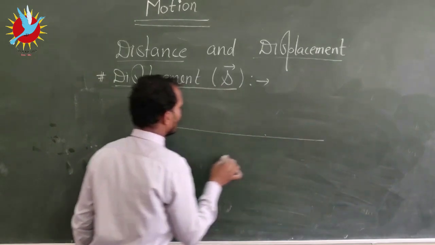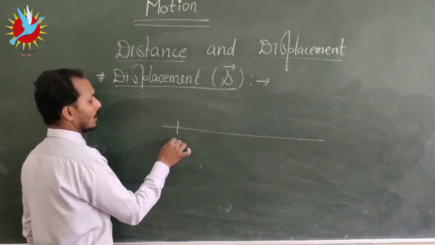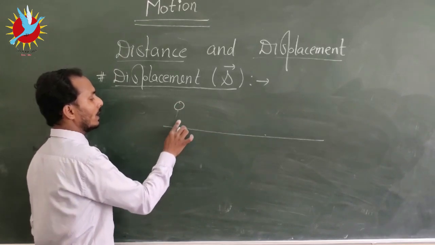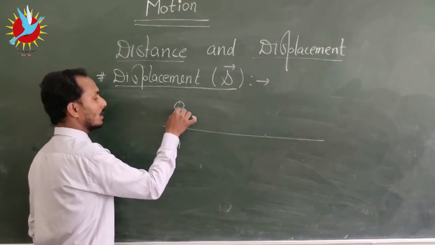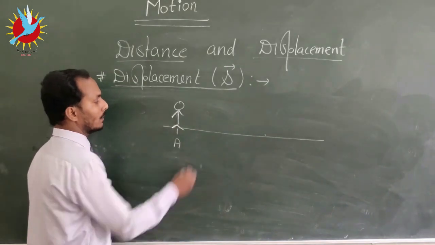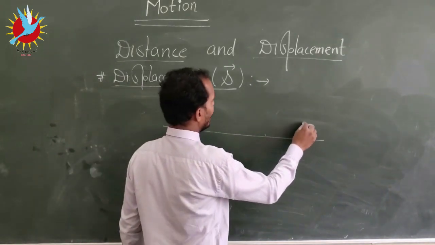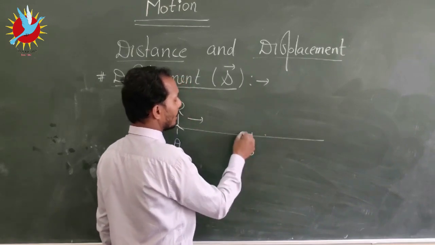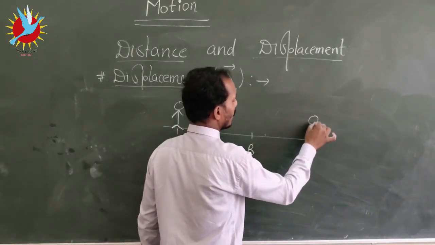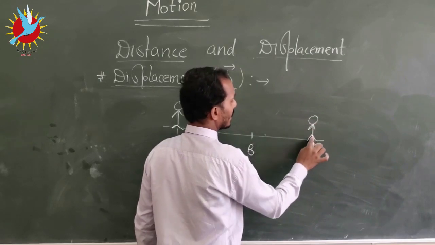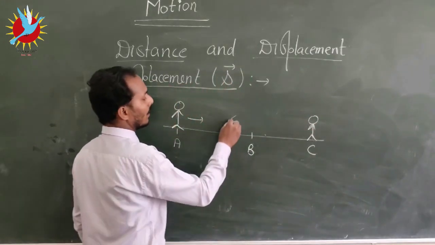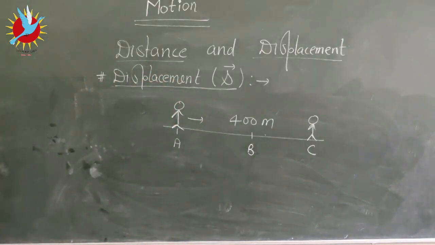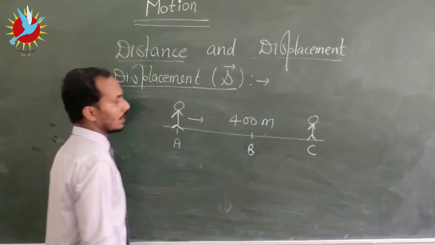Say that this is the position of a person at A. It moves and reaches point C by following path B, and covers 400 meter distance.